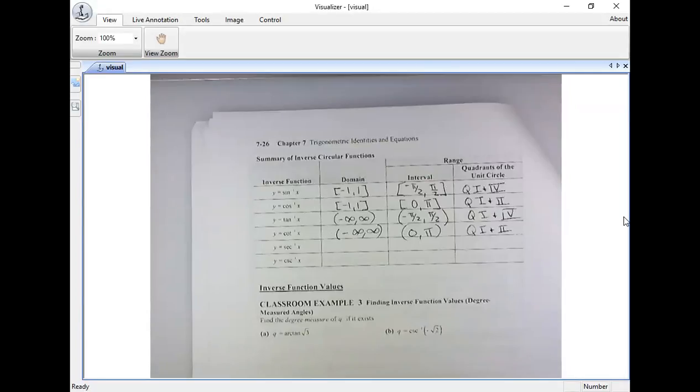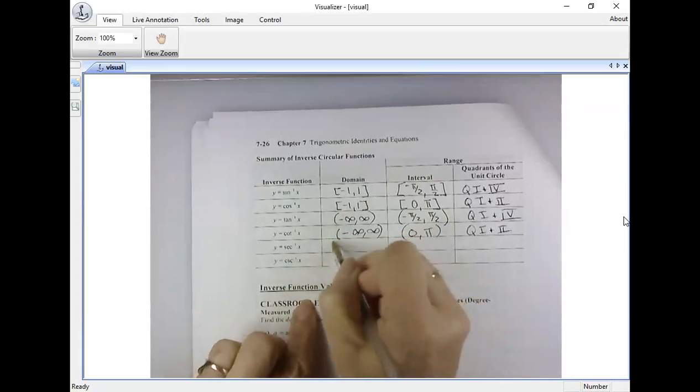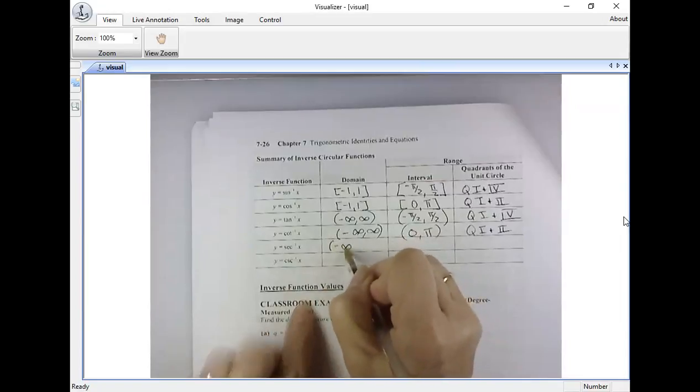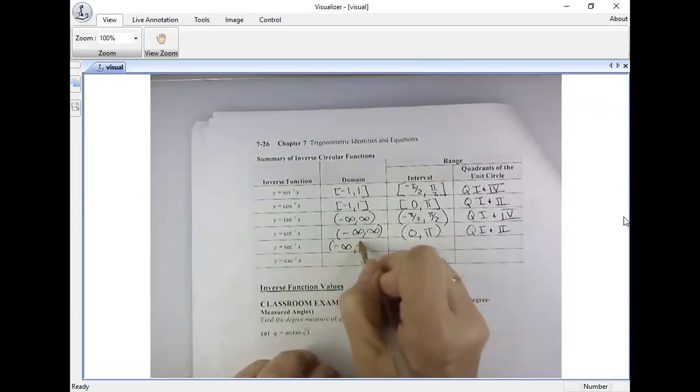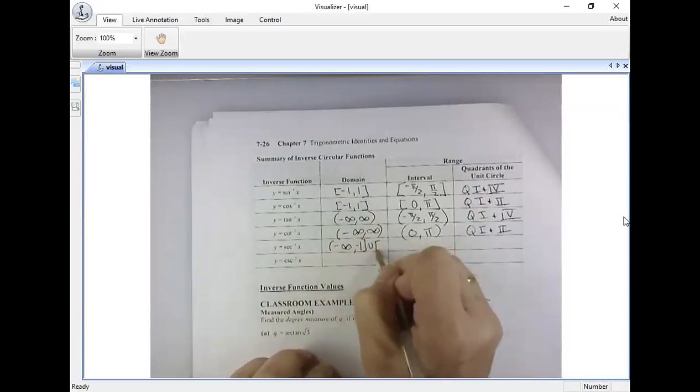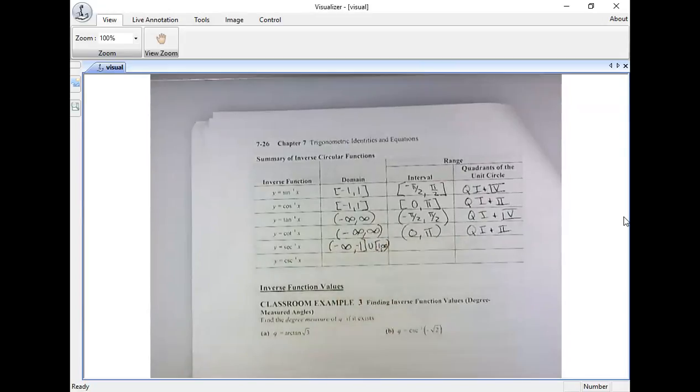The only place that they share a point is that high point or that low point. So our domain is going to be everything except we've got to skip between a -1 and a +1.